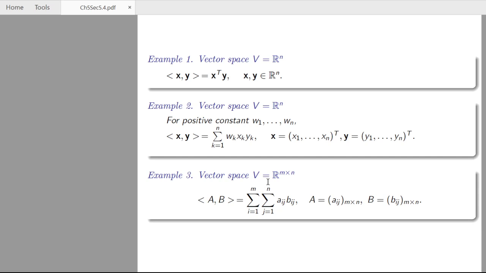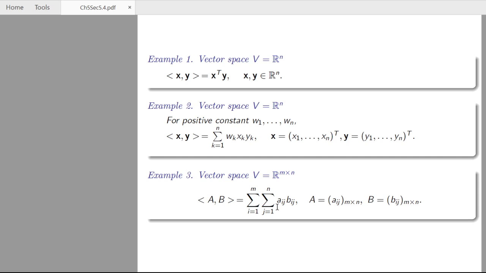Example 3. Here V equals Rm by n. So this means the vector is actually an m by n matrix in this space. In this case, we define the inner product for two m by n matrices A and B in this way. What does this mean?